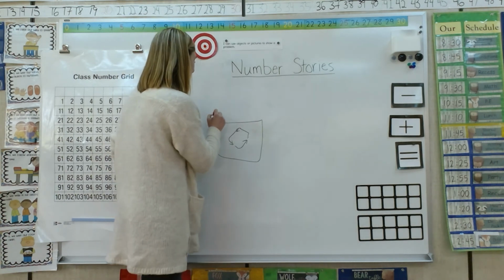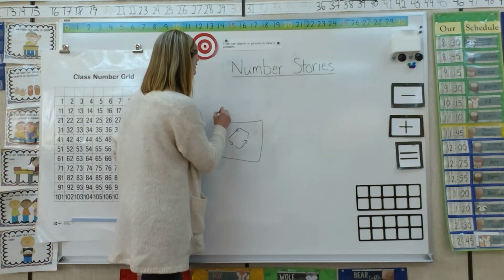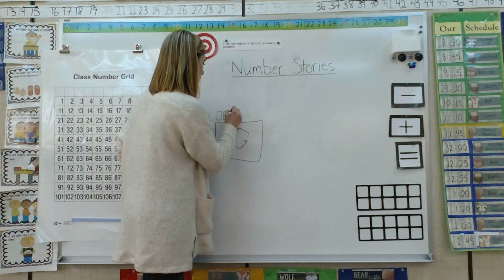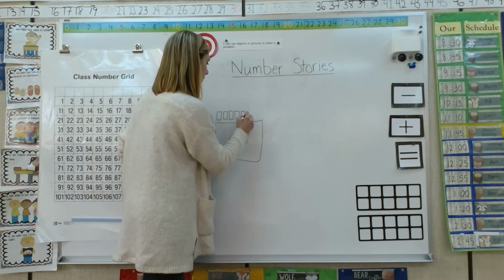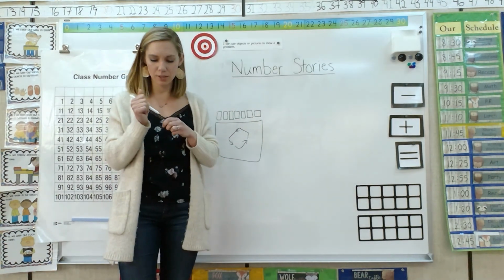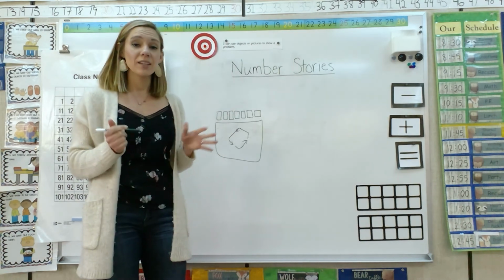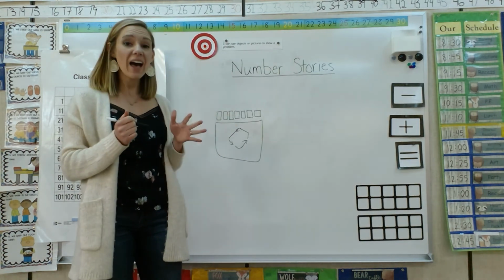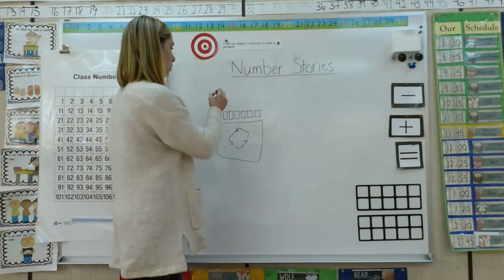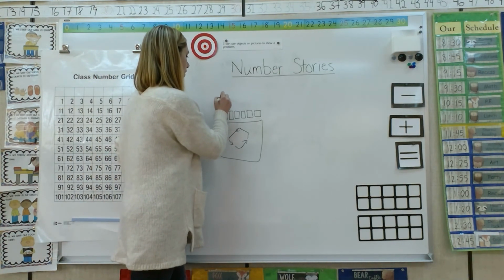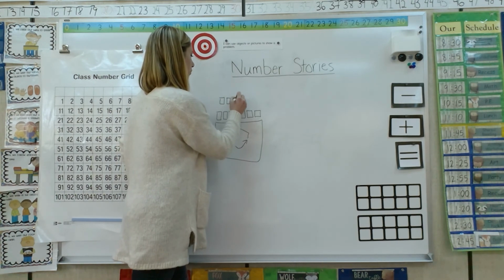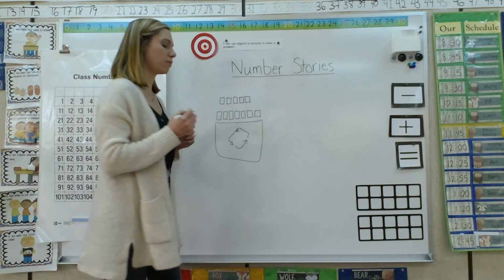Okay, in this recycling bin, there were 1, 2, 3, 4, 5, 6, 7 cans. Someone came in and put 5 more cans in the recycling bin. So now someone came and added 1, 2, 3, 4, 5.